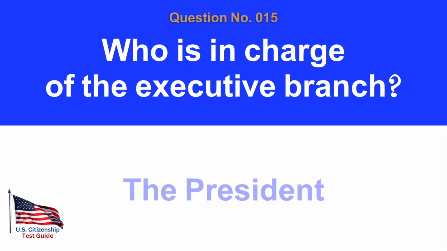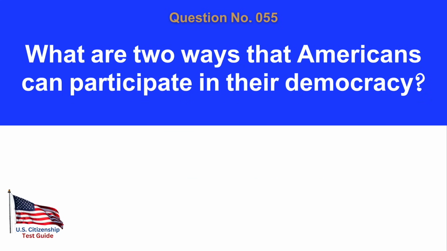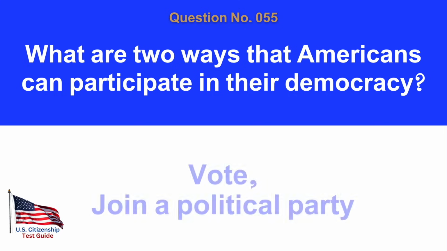The President. What are 2 ways that Americans can participate in their democracy? Vote. Join a political party.